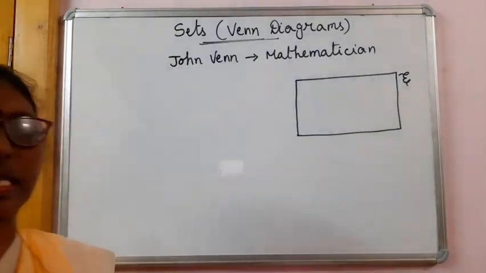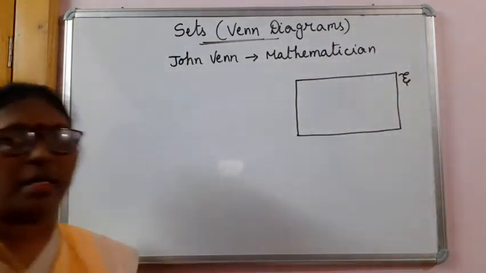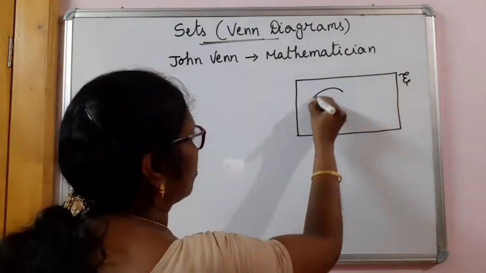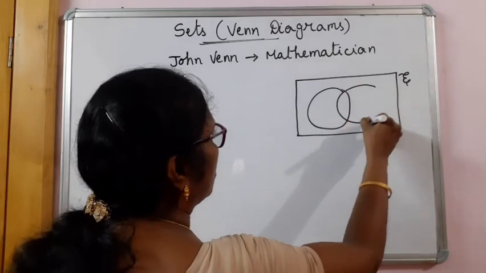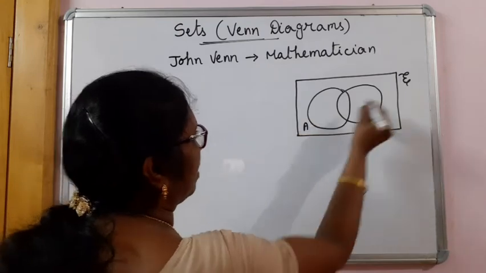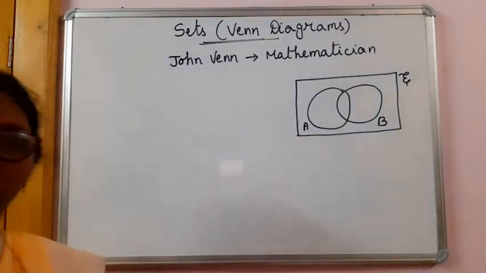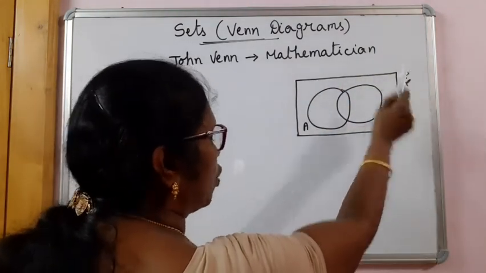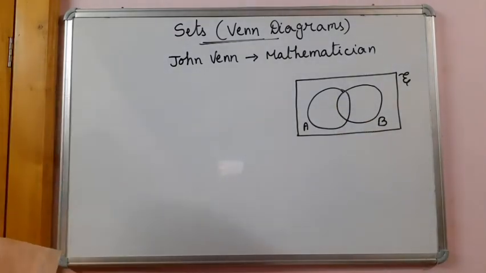The rectangle is the universal set, and as it is universal, he writes it in the top right corner. The circles or ovals represent the sets. Let me name this circle as set A, and this circle as set B. This rectangle represents the universal set, and these two are set A and set B.